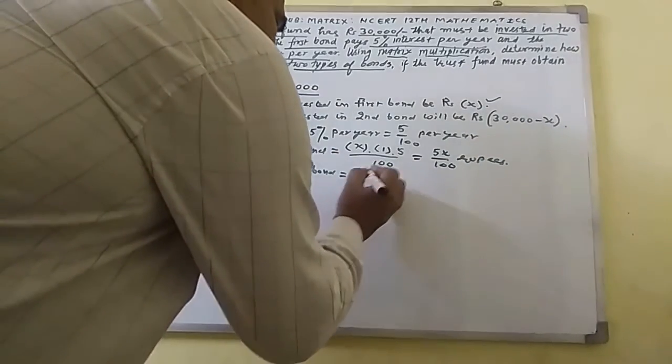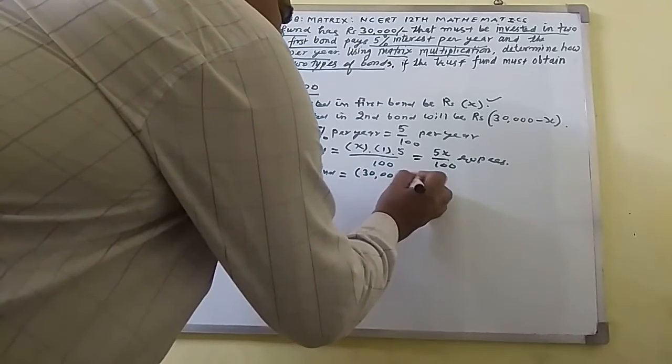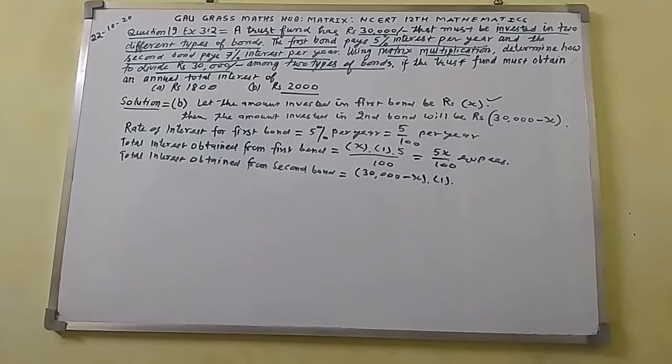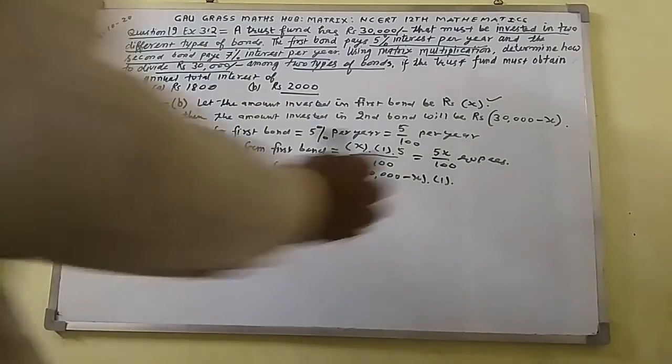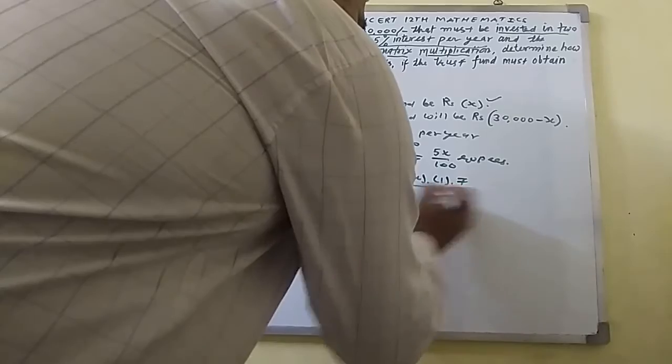So I can write 30,000 minus X into time 1 into the rate of interest, which for the second bond is 7%, so 7 over 100.